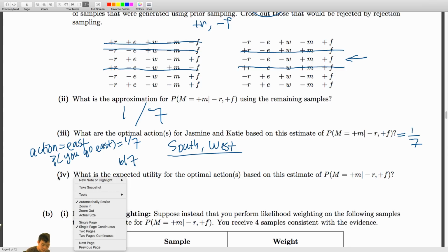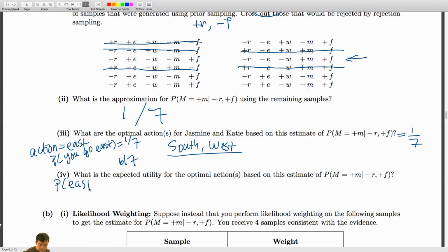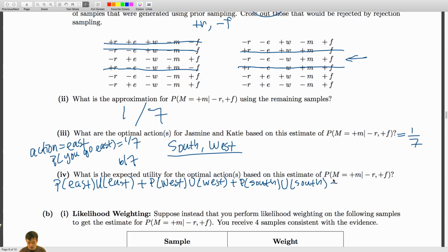So for example, we would have the probability of going east times the utility for being in state east, plus the probability for west times the utility for west, plus the probability that you actually land in state south and the utility for being in that state, and the probability that you actually land in state north times the utility for being north.